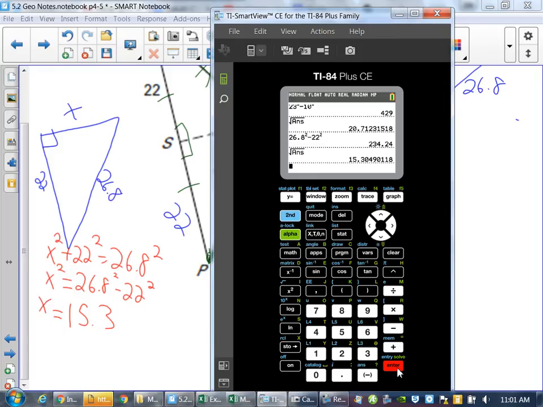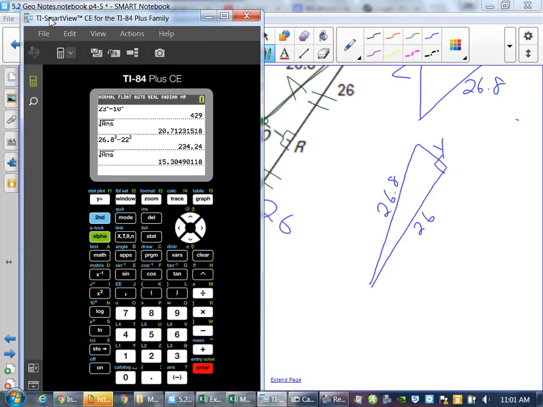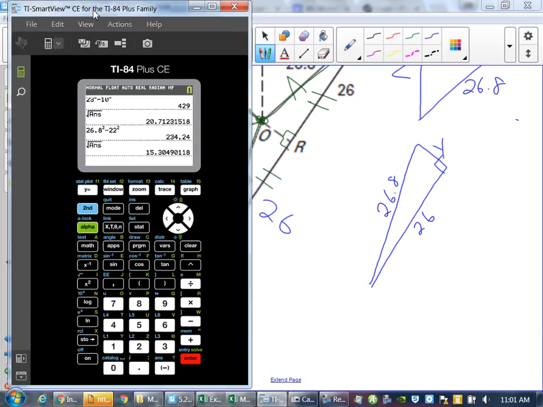You guys get 15.3 on that one? Second one, 26. Square root of that. Oops. Error. Nope. I get 6.5 going to 2 decimal places on that one.